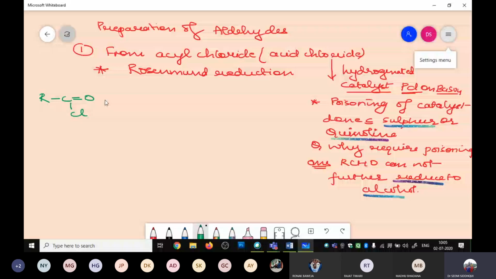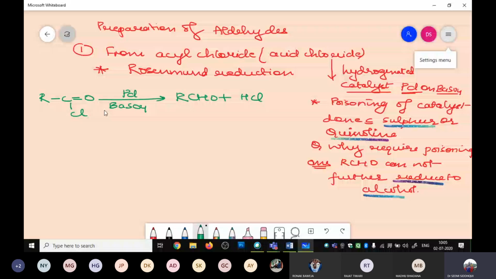Now suppose in this reaction I do not take the R here. I take CH3, CH2, C double bond O, Cl, with Pd and BaSO4.